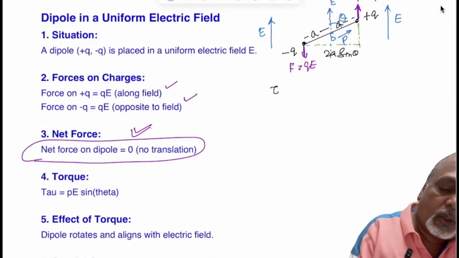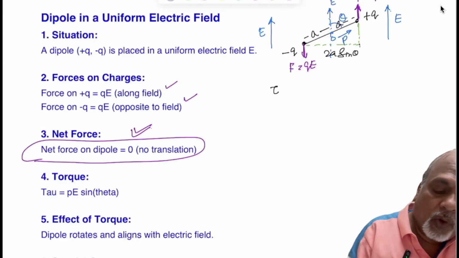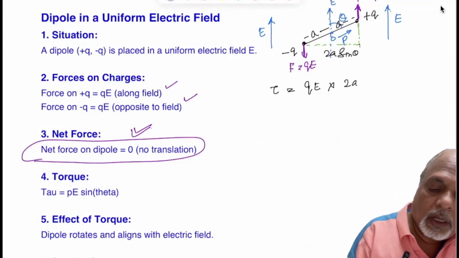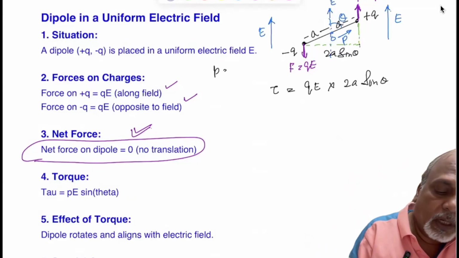So it will have a torque. Now this force, one is upward, another is downward, it will try to rotate the dipole. So what will be the value of the torque? That will be Q into E into 2A sine theta. Your P is basically Q into 2A.